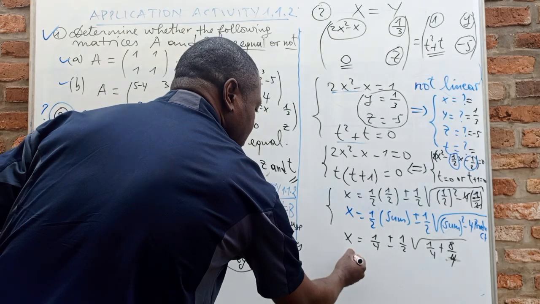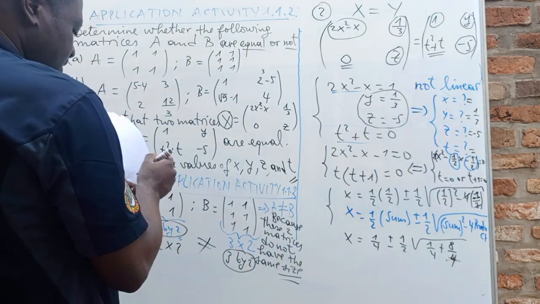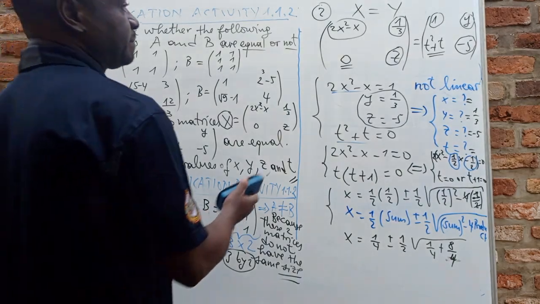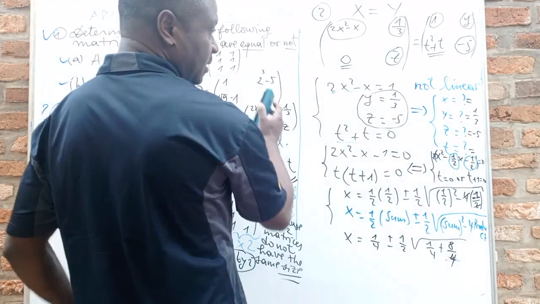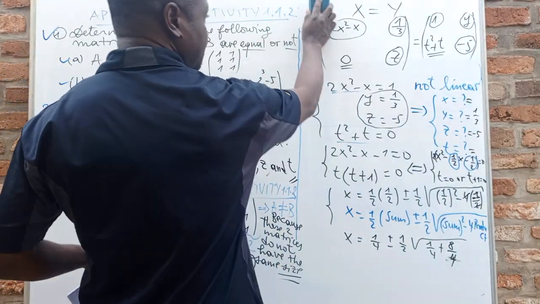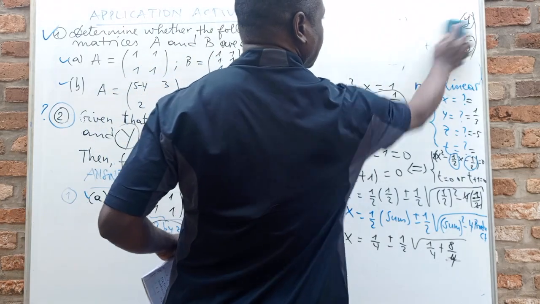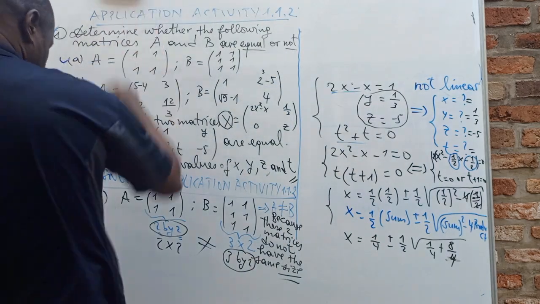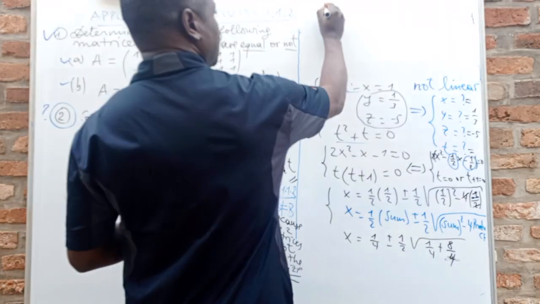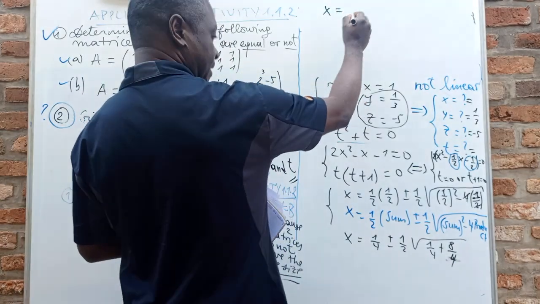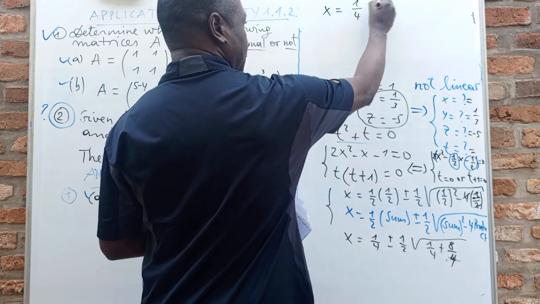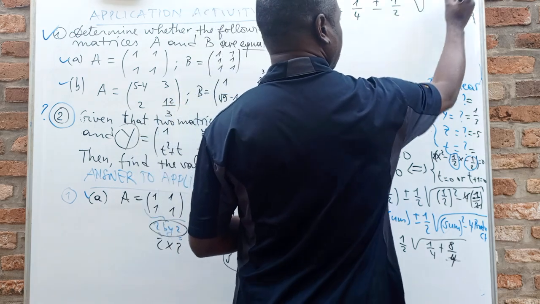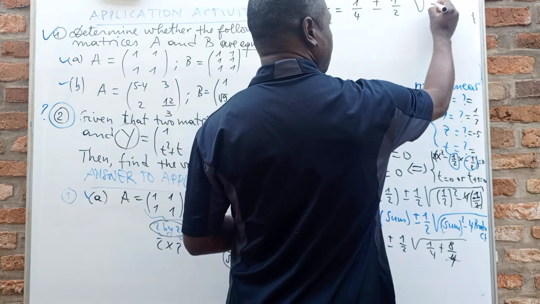So the value of x is equal to a quarter plus or minus half of the square root of 9 over 4.